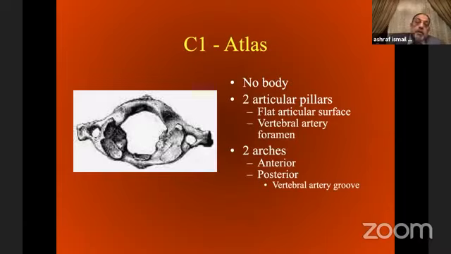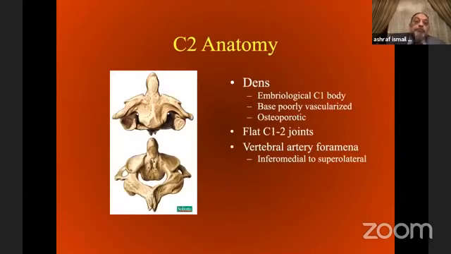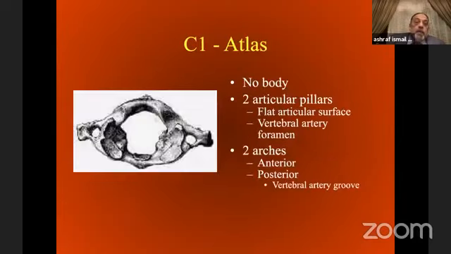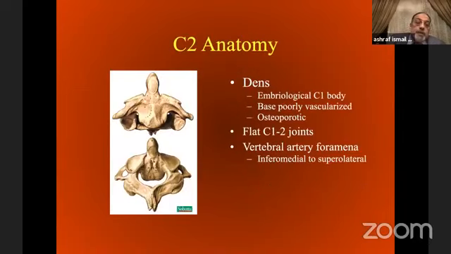It only has an anterior arch, a posterior arch, and two lateral masses. As we see here, this is the C2 anatomy, and this is the C1 anatomy. There is no body, as the body of C1 is incorporated as the dens or odontoid process.